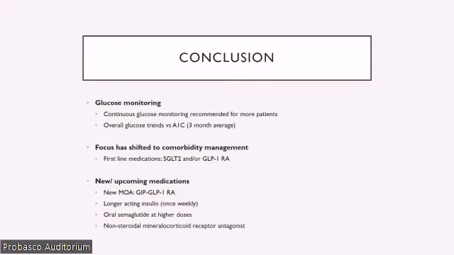So in conclusion, glucose monitoring is changing to really continuous glucose monitors. If somebody can get them, we want them to have them. Really changing to overall trends in time and therapeutic range versus an A1C value.